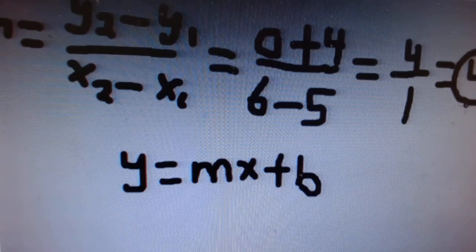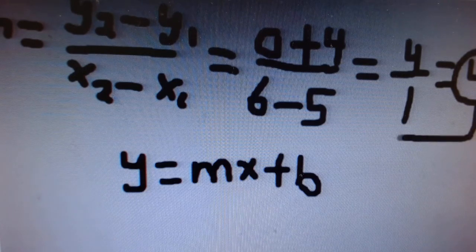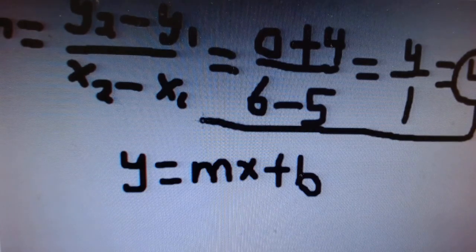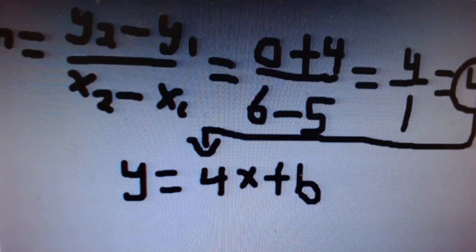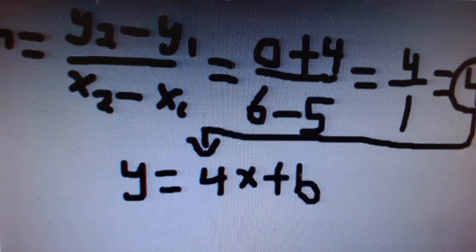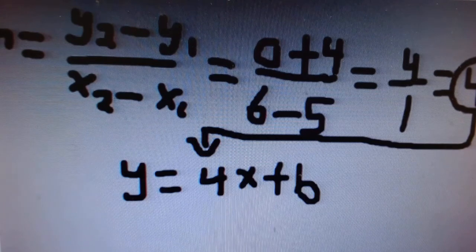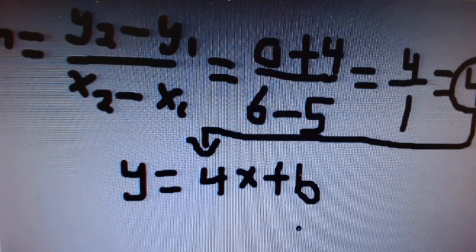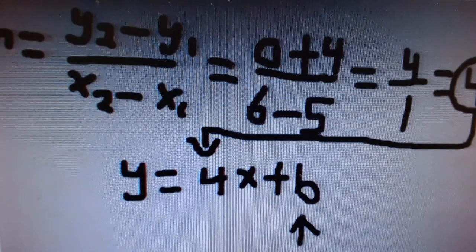Remember, m is the slope, so I can take my 4 and place it where the m goes, and it will look like this: y equals 4x plus b. Now the only thing you would have to do to draw a line is to find what the y-intercept is, which is b. b is the y-intercept.